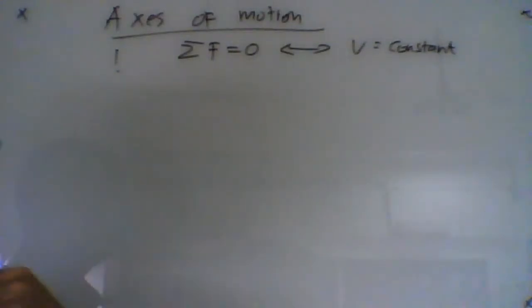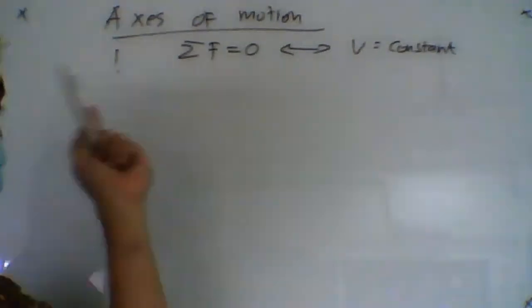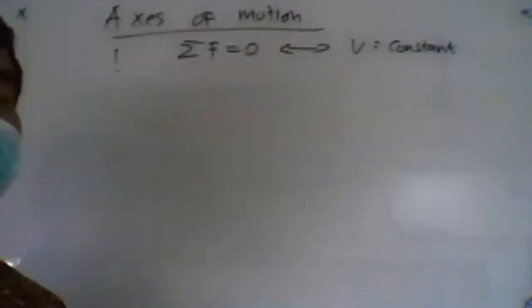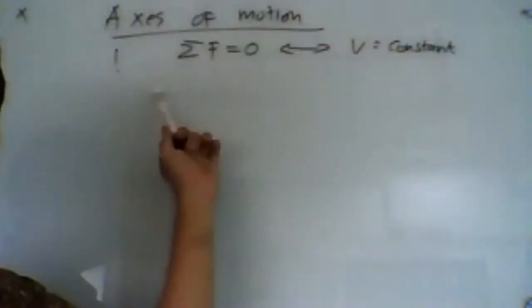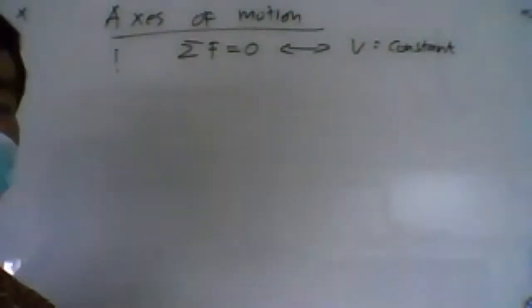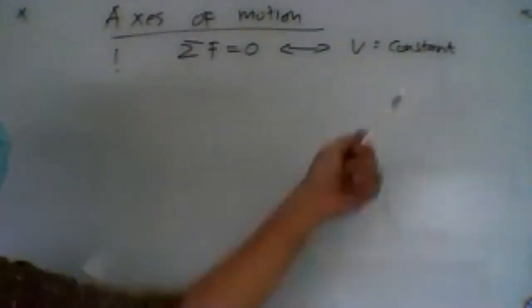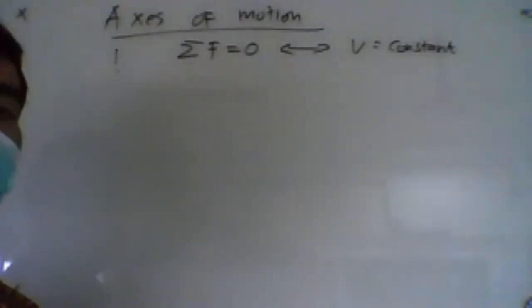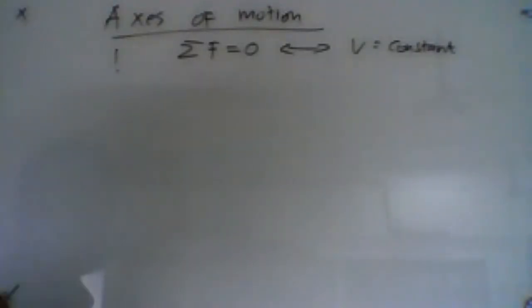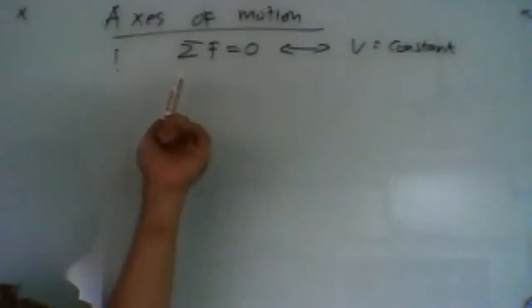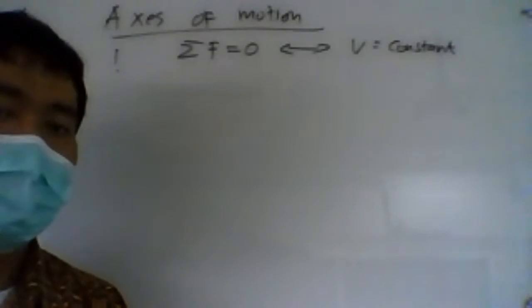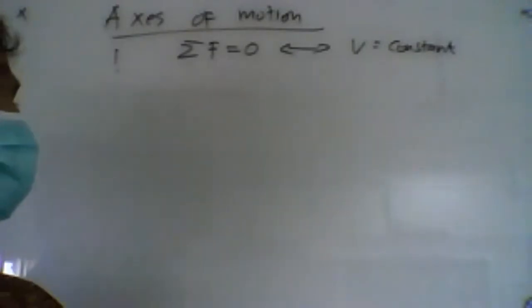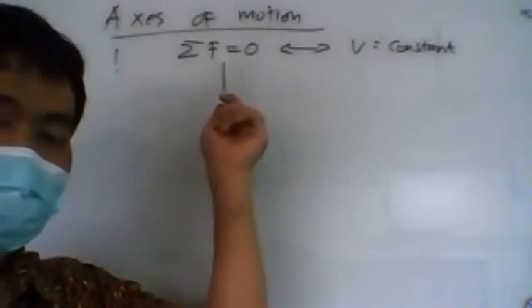It means that we can go from left to right: if we know that the sum of the forces is zero, we conclude that the velocity must be constant. But we can also go from right to left: if we know that velocity is constant, including zero, then we know that the sum of the forces is going to be zero. That's Newton's first law. I repeat, if the sum of the forces is zero, the velocity must be constant. On the other hand, if the velocity is constant, the sum of the forces must be zero.